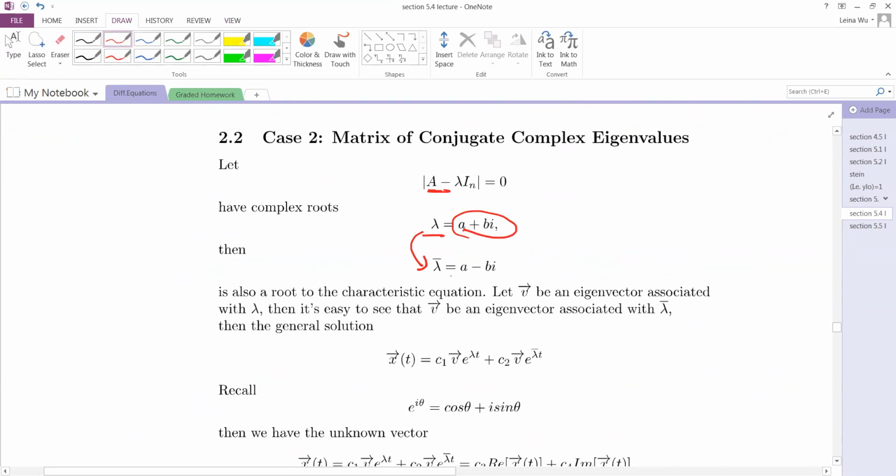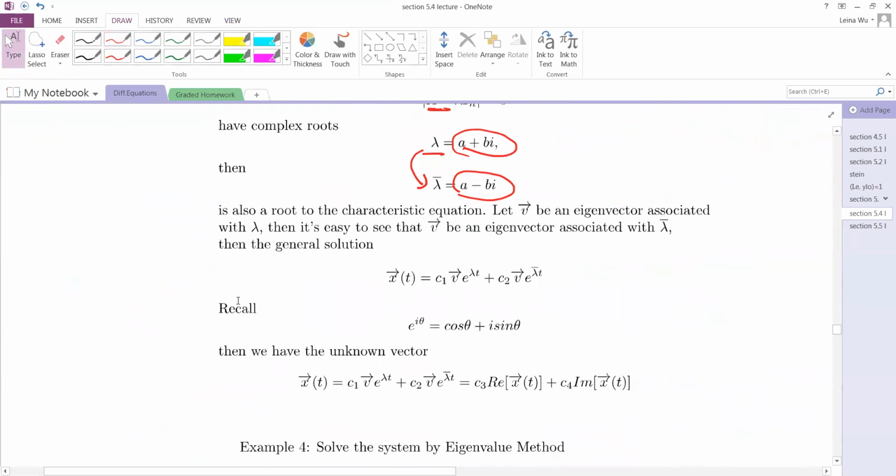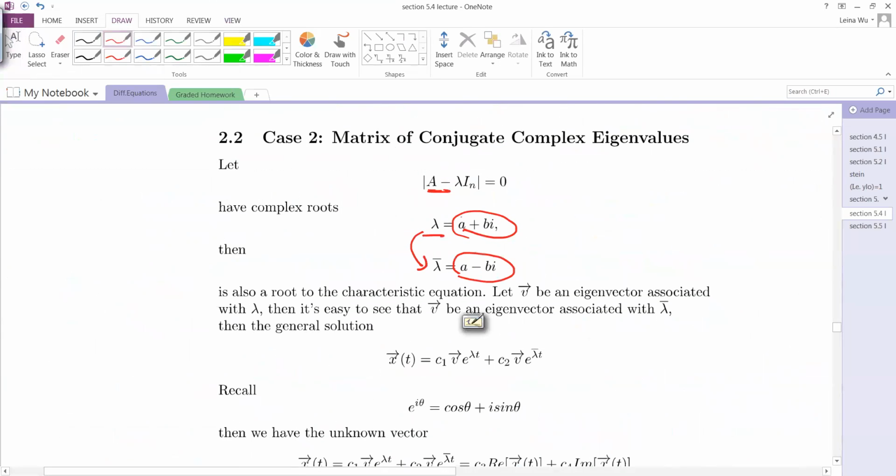We know that lambda bar, its conjugate pair, a minus bi, would also be a solution to the characteristic equation, because a lot of times it comes from lambda squared equaling some negative number. So both are eigenvalues.